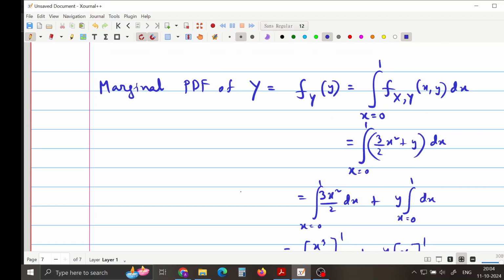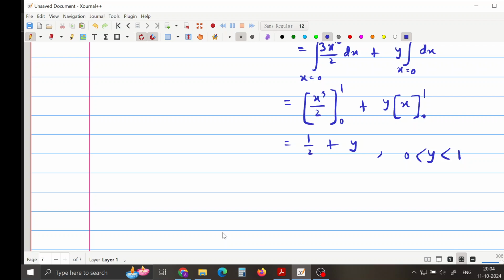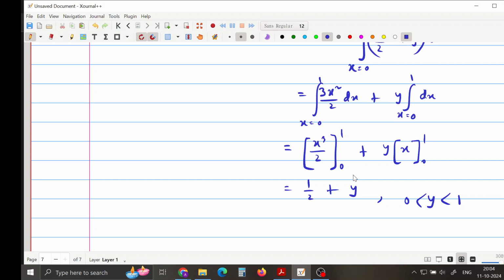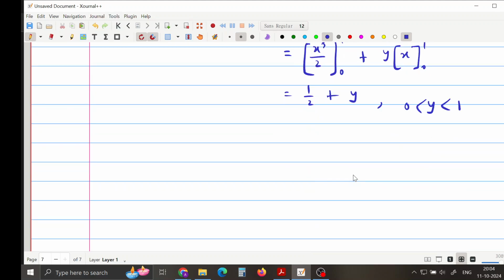because the joint PDF is 3x squared by 2 plus y only when both x and y are in that range of 0 to 1. So for y outside the 0 to 1 interval, this marginal PDF of y is 0.